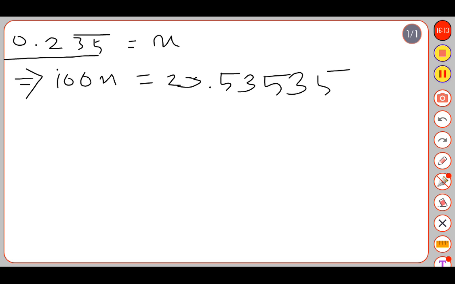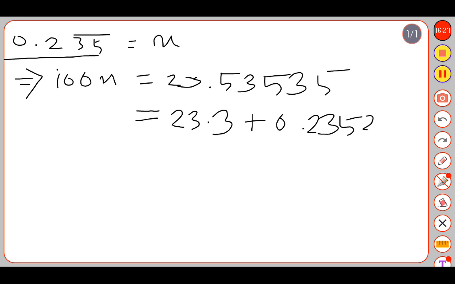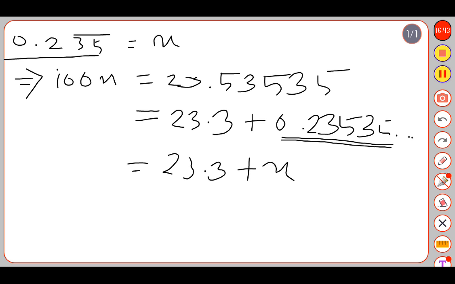So we can write it as 23.3 plus 0.23535 dot dot dot. So as we have taken the value of x as 0.235 bar, here also the same value, so we can write x in the place of this number. So it will become 23.3 plus x. We can write 23.3 as 233 by 10 plus x.